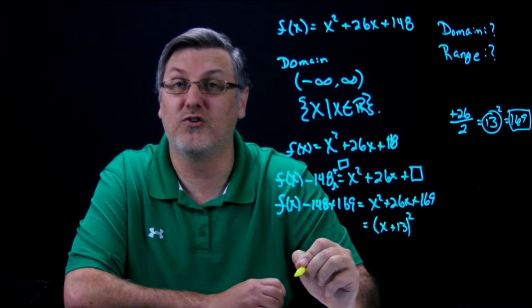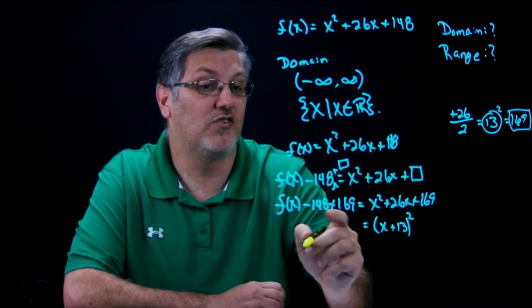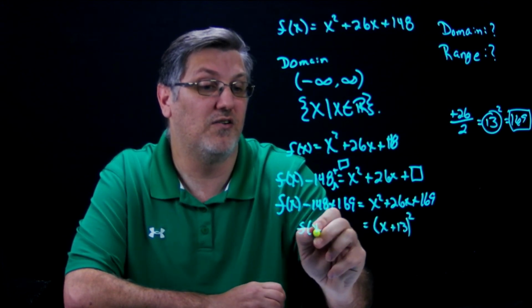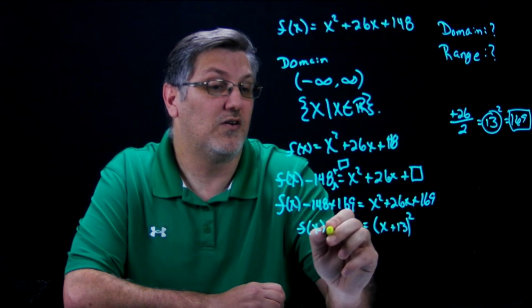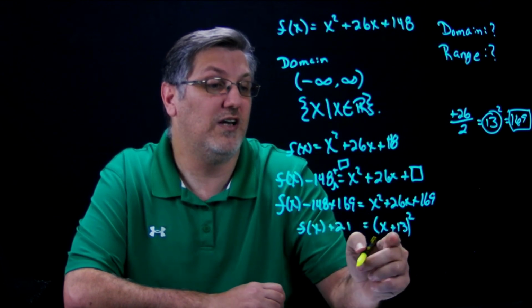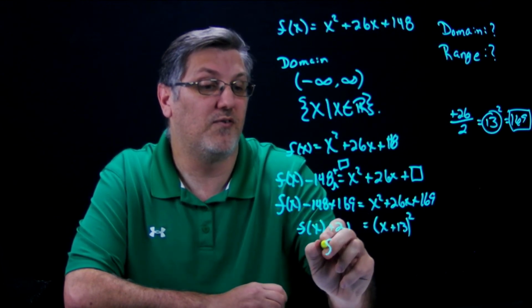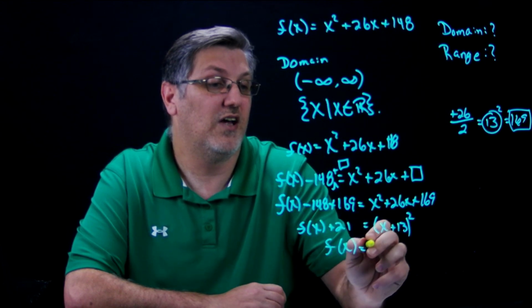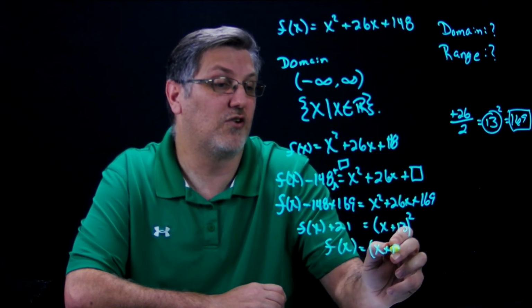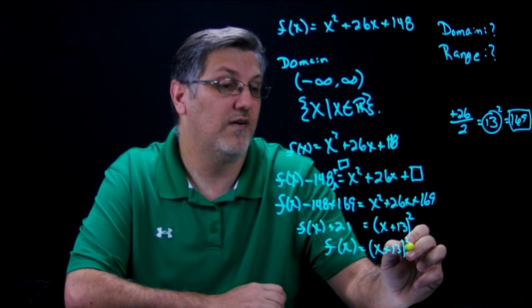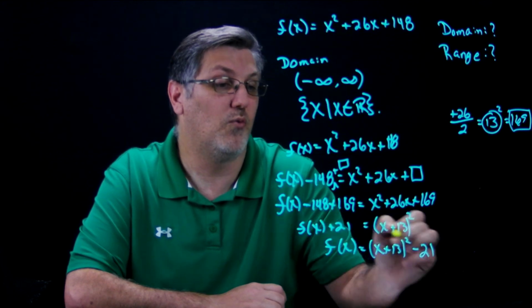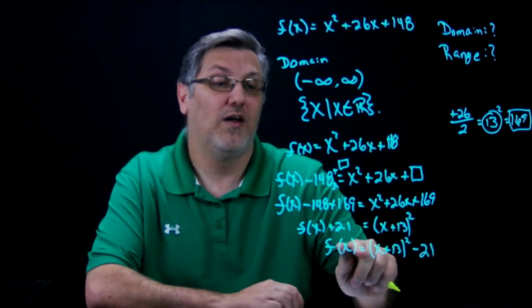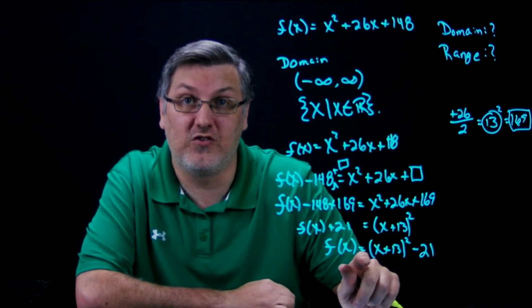We just simplify this, and I have f of x plus 21 equals this. Now we solve for f of x, and I have x plus 13 squared minus 21.